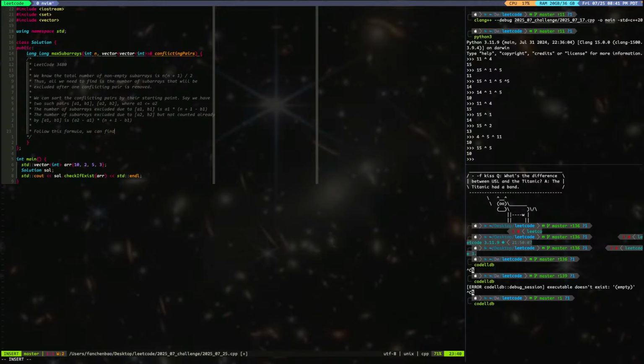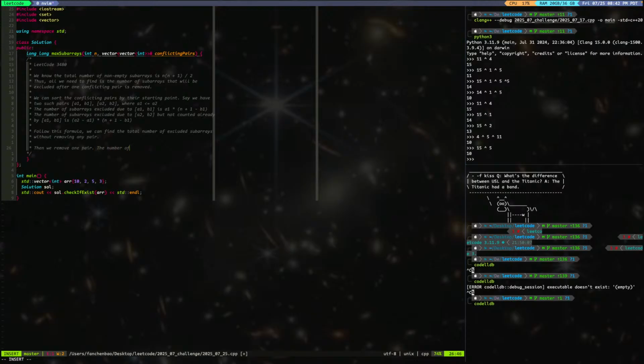We can find the total number of excluded subarrays without removing any pair. Then we remove one pair.